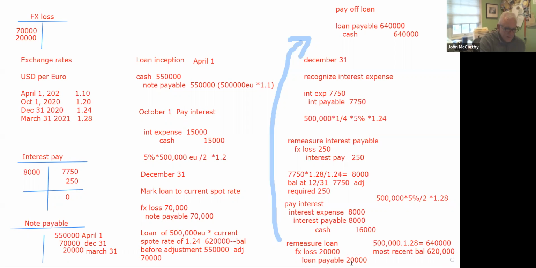All right. And then the last thing I have to do is pay off the loan. So everything's adjusted now, and I debit loan payable and credit cash 640. I'll put this over here, 640, 123. That all adds to 0.